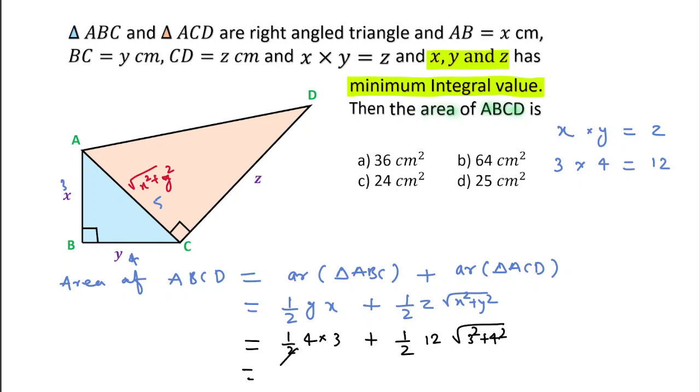So if we solve, then 2 2s are 6, plus 6 plus, and this becomes 25. Under root 25 is 5, so we will write here 30 plus 6, 36 centimeter square will be the right answer for this question. So the area of this figure will be 36 centimeter square.